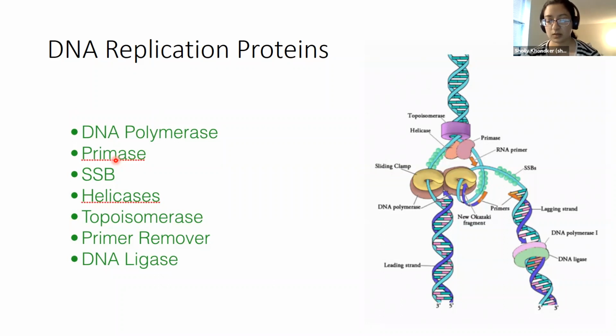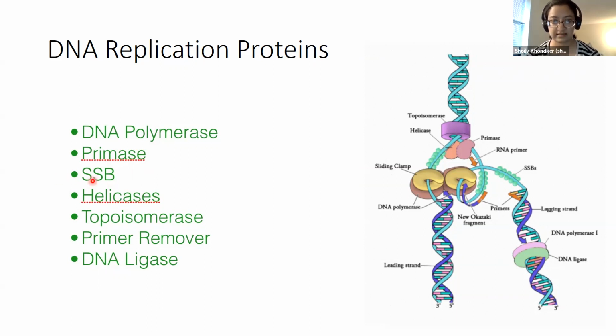This process also causes single-stranded DNA to be exposed. Single-stranded nucleic acids are not very stable in the cell, so they need a protein to bind to them to keep them open and also protect them from exonucleases, or enzymes that will cut single-stranded DNA. So that protein is called the single-strand binding protein.